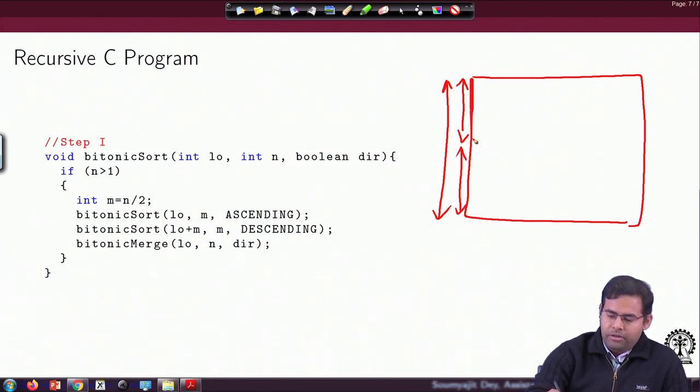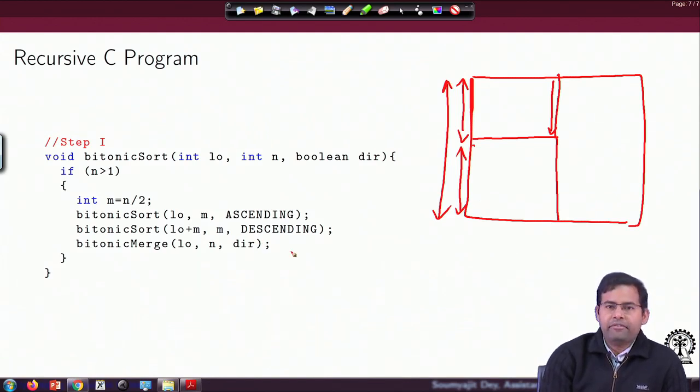For the first part, you apply the Bitonic sort algorithm with the direction ascending, so the values will be increasing. For the next part, you again apply the Bitonic sort algorithm with the direction reversed, so the values would actually be decreasing downwards.